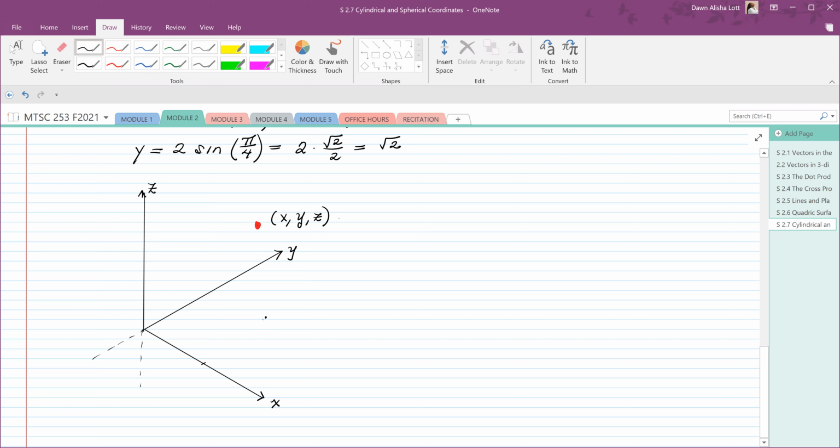So now I can think of anything in terms of 3 space, in terms of how far I go in x, how far I go in y, and then how high I go in z.